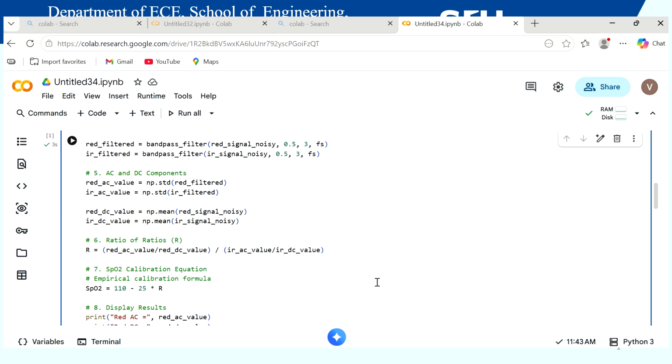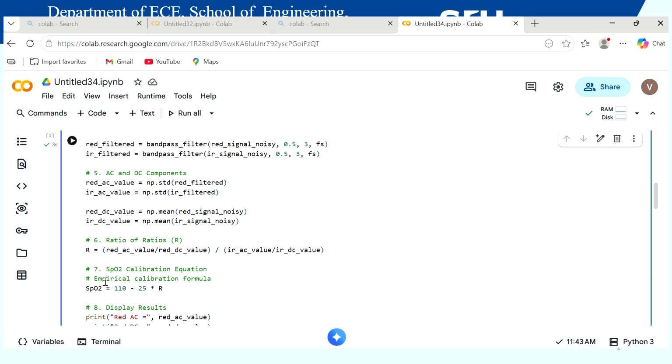Oxygenated hemoglobin absorbs more IR. Deoxygenated hemoglobin absorbs more red. So deoxygenated hemoglobin means it absorbs the red for its requirement. So the ratio gives oxygen saturation information.